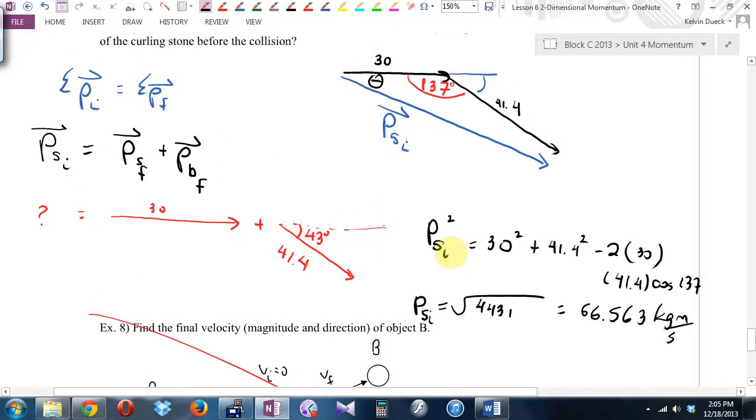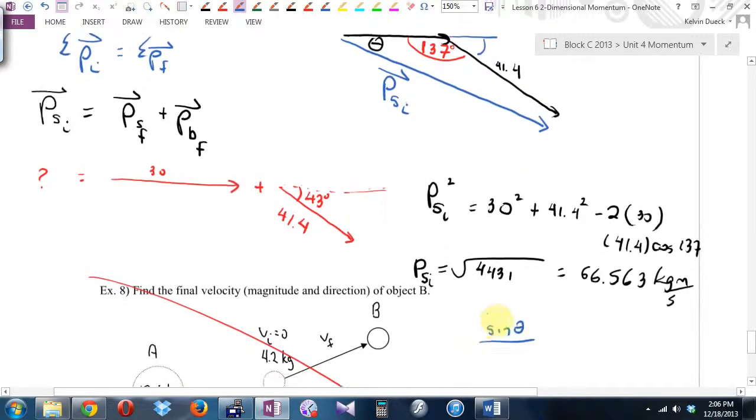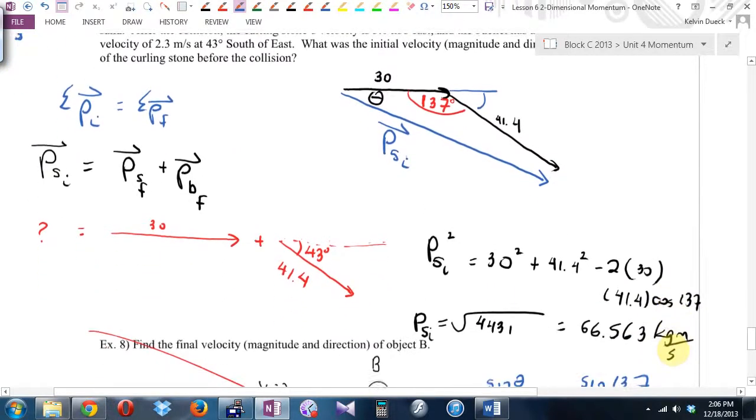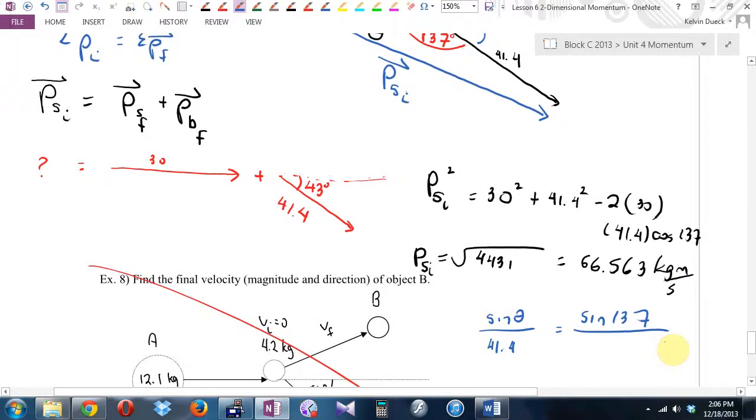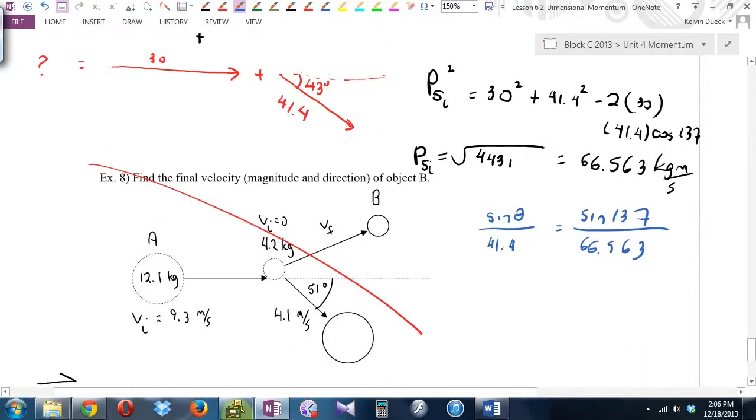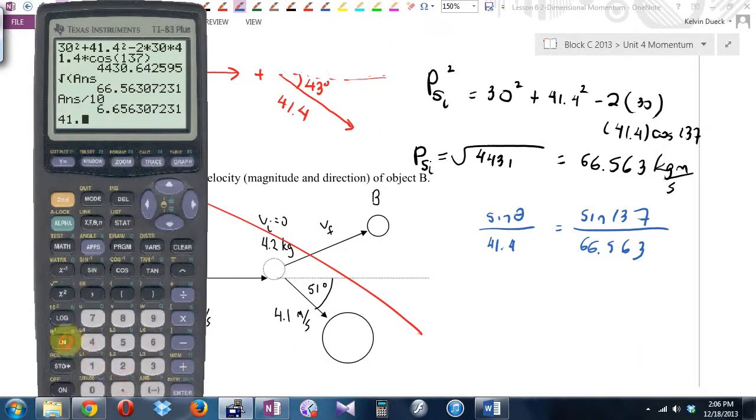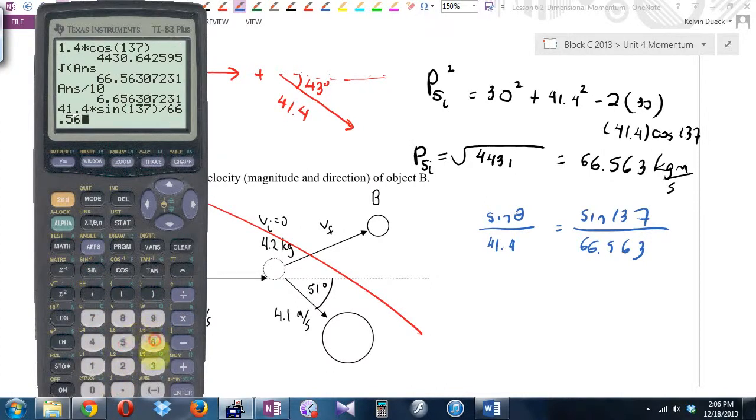This is a job for the sine law. Sine theta over what's across from it, 41.4, equals the sine of 137 over what's across from it, which is the momentum of the stone initial, which was 66.563. 41.4 times the sine of 137 divided by 66.563.